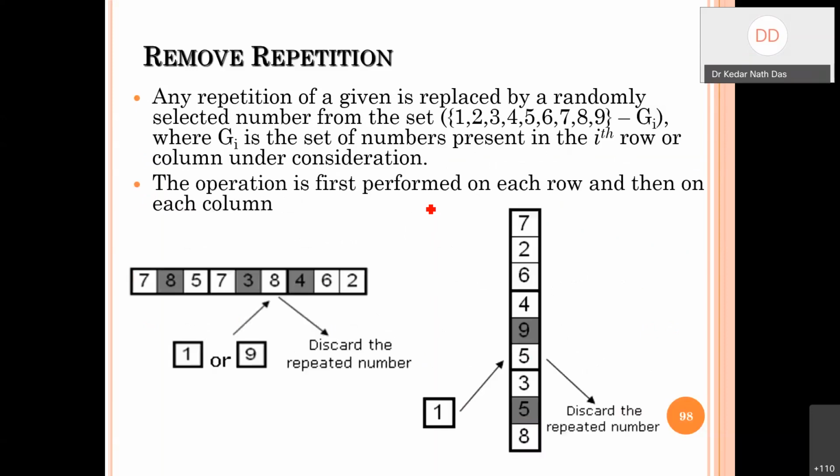And there is an important step called remove repetition. If there is a repetition in the given, it will be discarded and replaced by a number which is not already there. That is the concept of remove repetition. Both in rows and columns, we have done the same exercise.